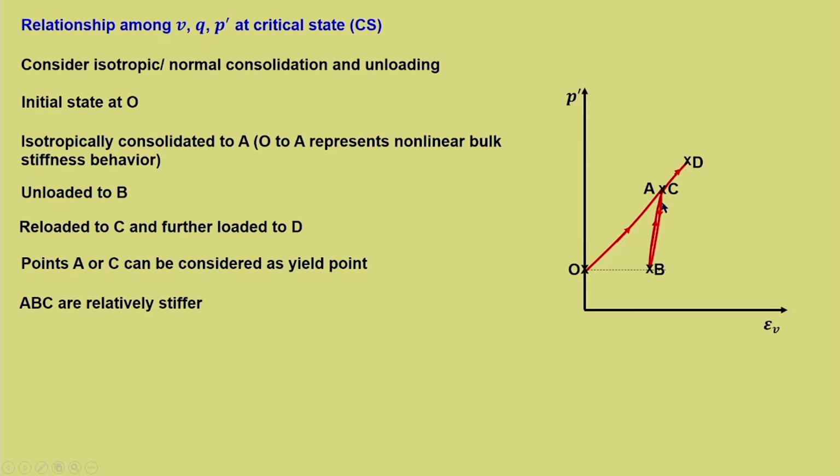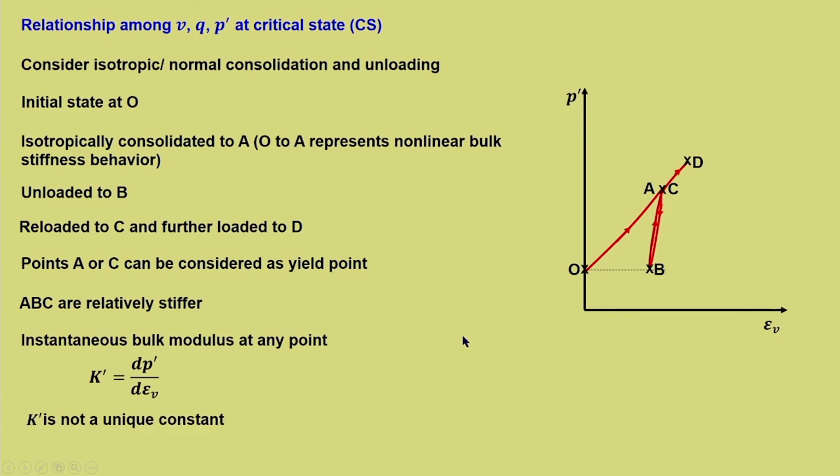ABC will be relatively stiffer because it is on the unloading path or the overconsolidation part. So, the instantaneous bulk modulus at any point can be given as K dash, that is the bulk modulus, equal to dp dash by d epsilon v, that is the slope of this particular curve, which you can see keeps on changing with the stress level, and hence it cannot be considered constant.